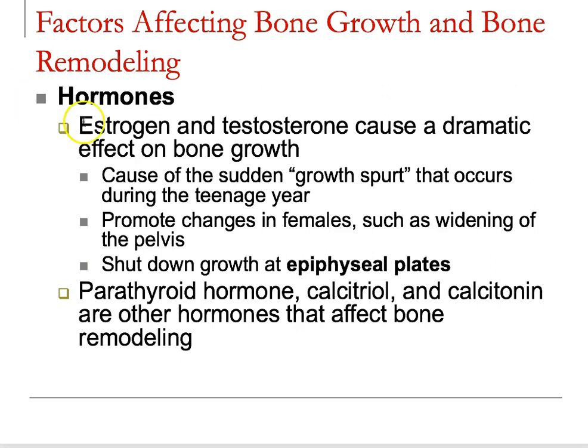Also, estrogen shuts down growth at those epiphyseal plates for both males and females, which means both males and females get estrogen and testosterone, and this is what's actually going to cause the growth. More importantly, we want to understand that parathyroid hormone, calcitriol, and calcitonin also affect bone remodeling, and this is what I'll finish up with before we go to what happens when you break a bone.